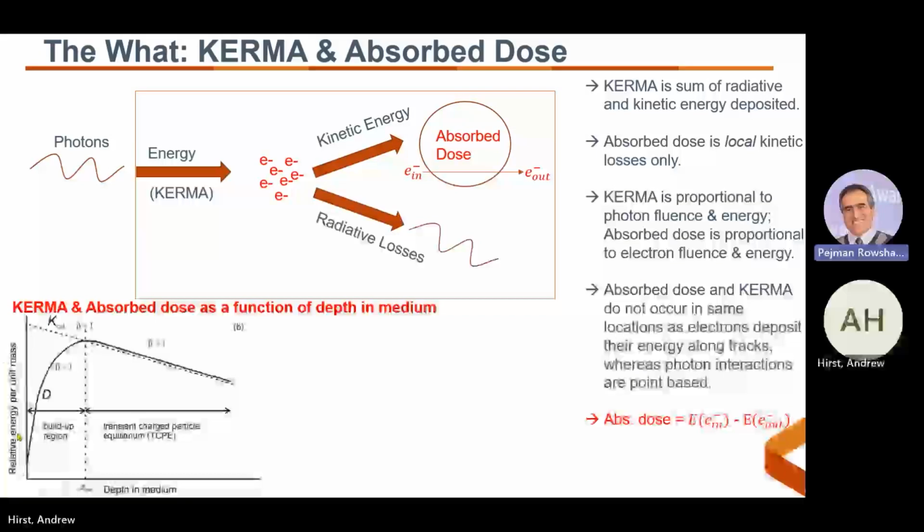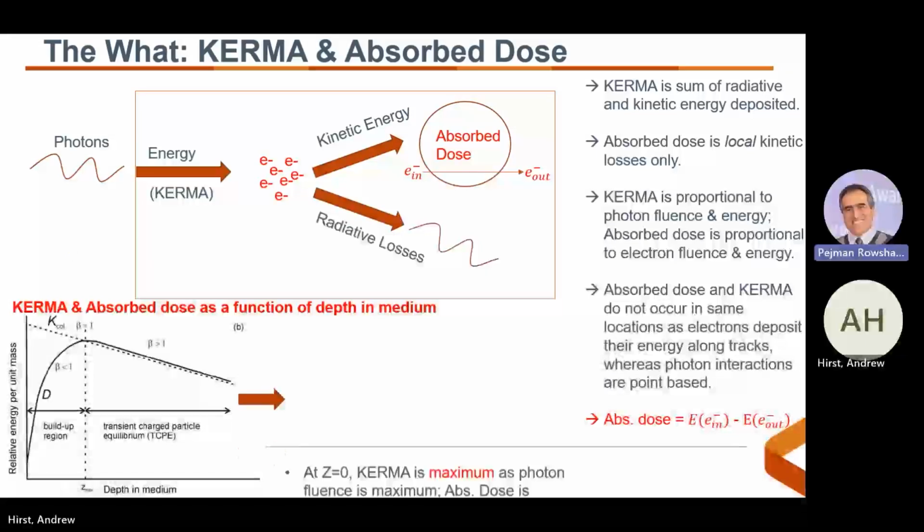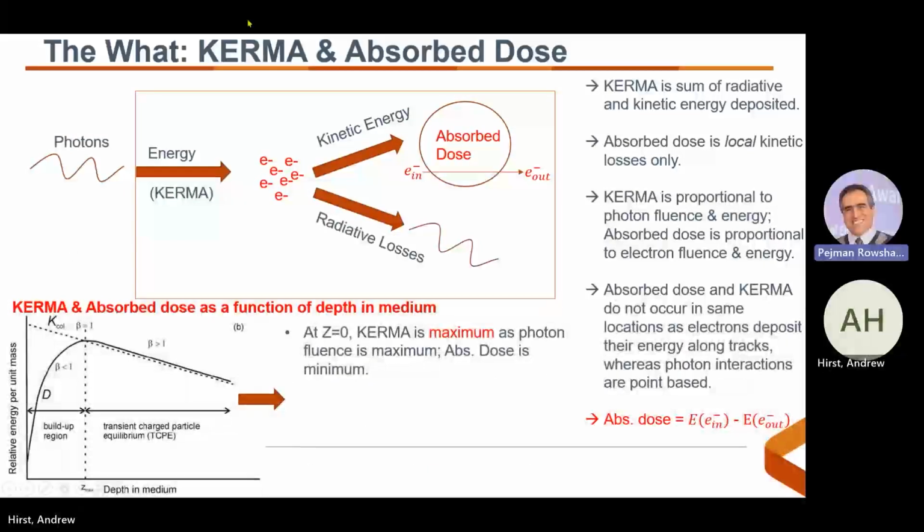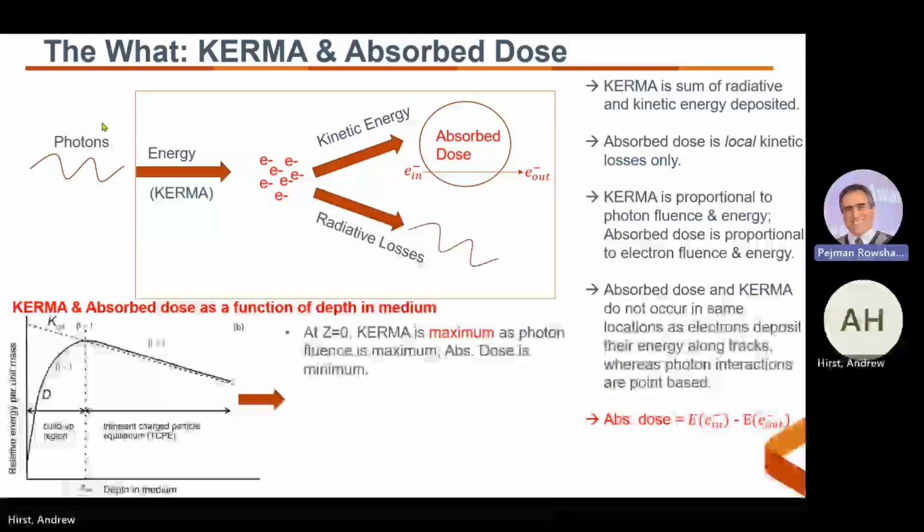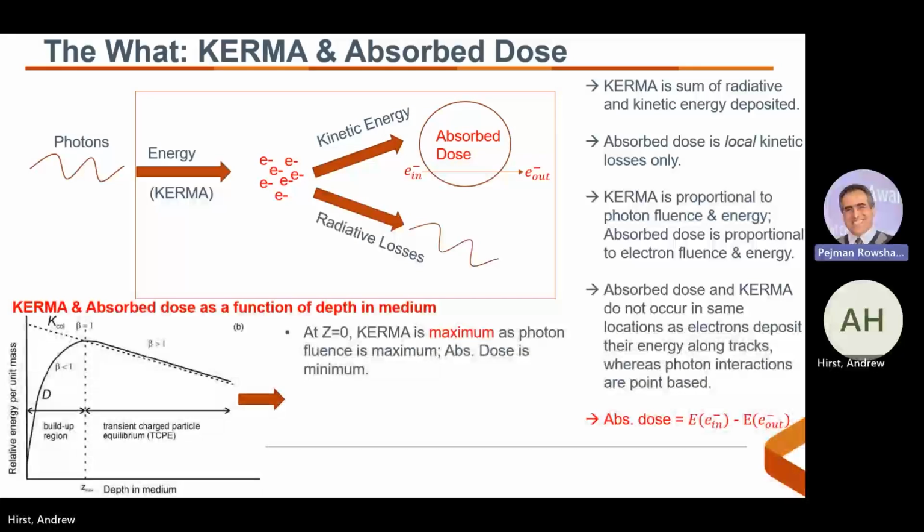And then the solid line is the absorbed dose in a region of interest. So you're going to notice that at depth 0, the KERMA is going to be maximum, as we have a maximum number of photons entering our medium, and so there's a maximum amount of energy transferred to electrons.